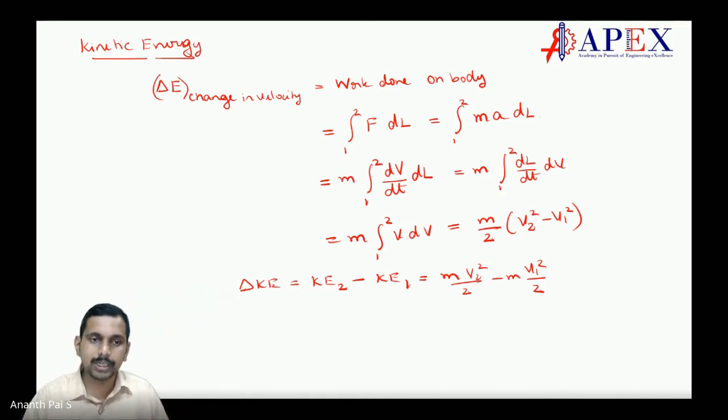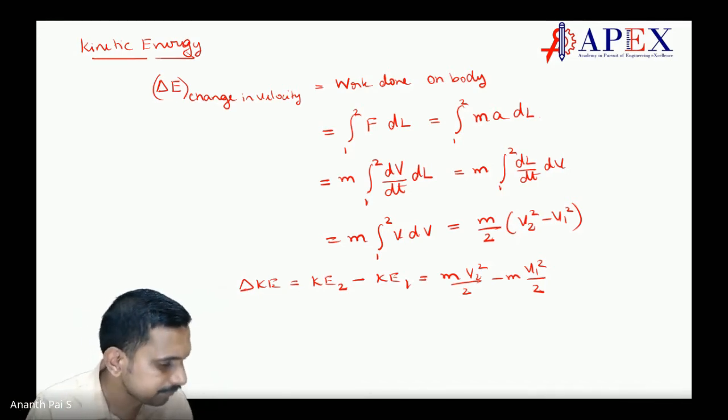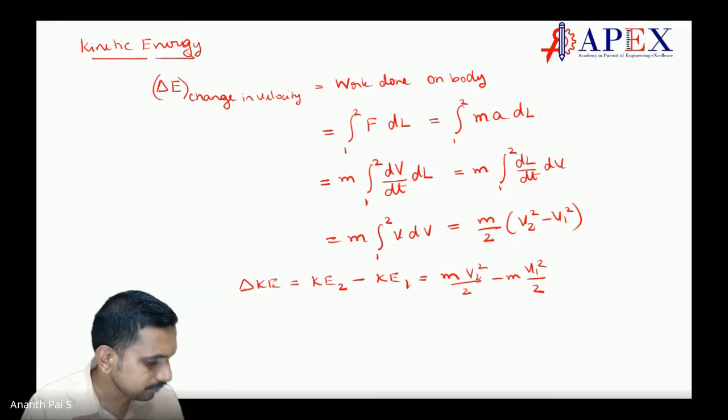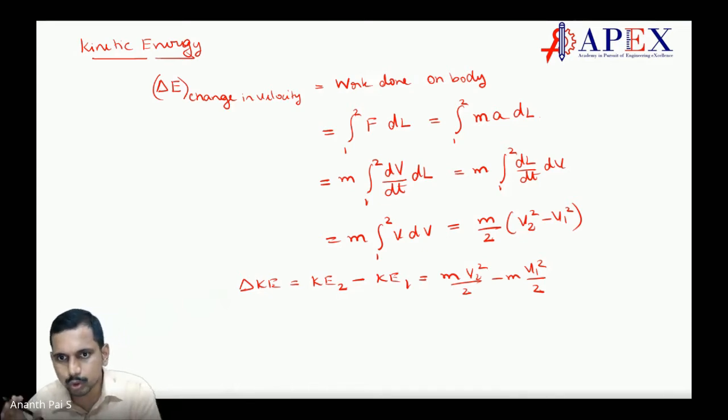Now, similar to kinetic energy and potential energy, there are a number of other energies. We will see them one by one, all the types of energies. Then we will go to GATE problems. There are a number of GATE problems on the first law.